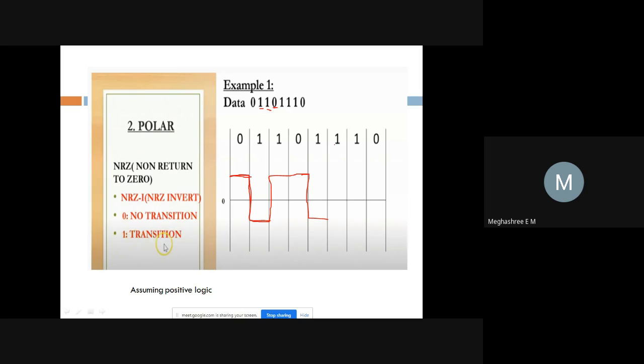Again next bit is 1, you ended at the negative side, move to the positive side. Again next bit is 1, move to the negative side.